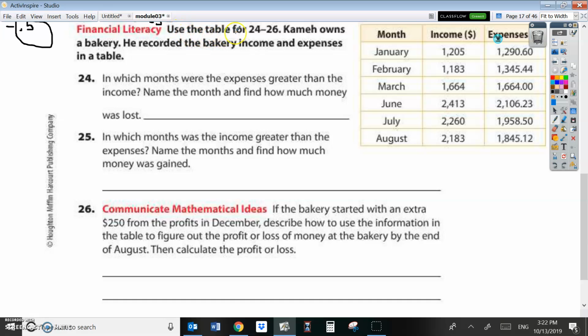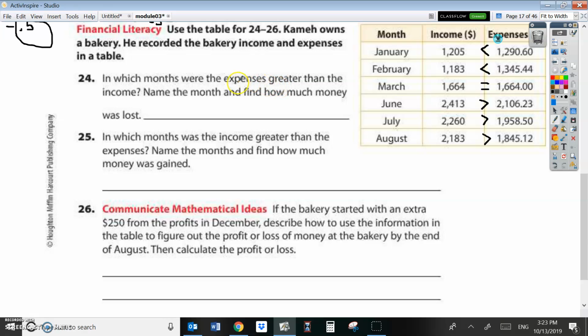Use the table for 24 through 26. Kamei owns a bakery. He recorded the bakery income and expenses in a table. In which months were the expenses greater than the income? So expenses, that looks like that one is greater than, and that one is greater than, that one's the same, that one income is greater, and this one income is greater.